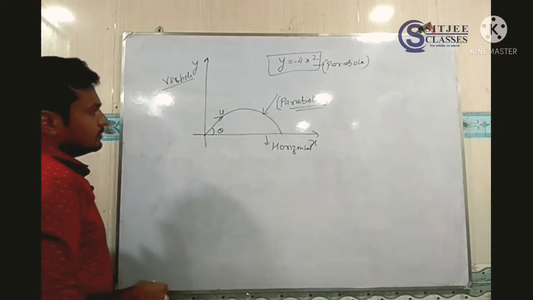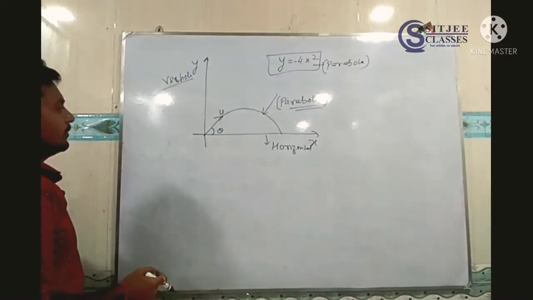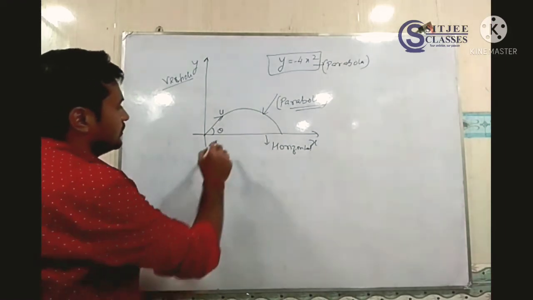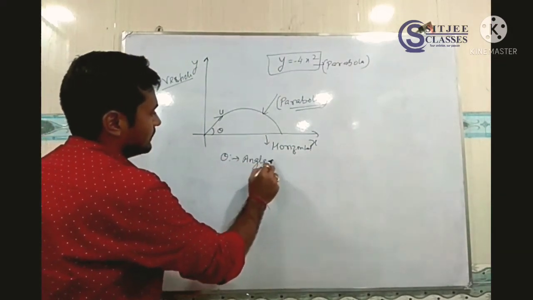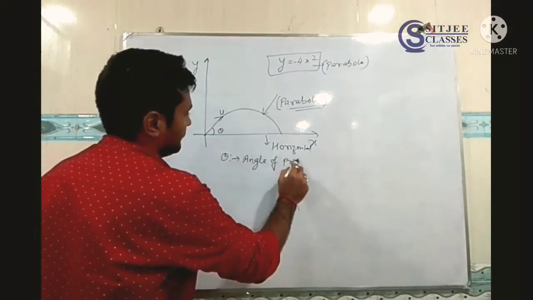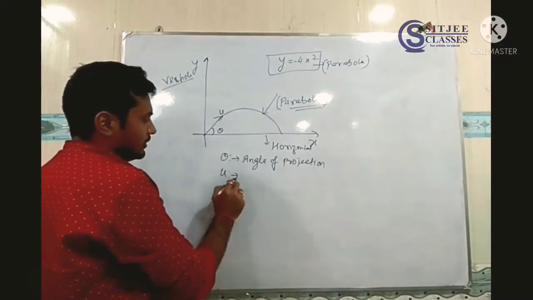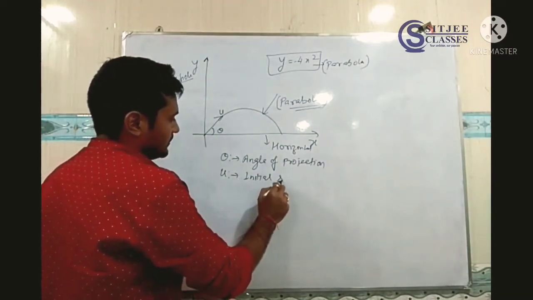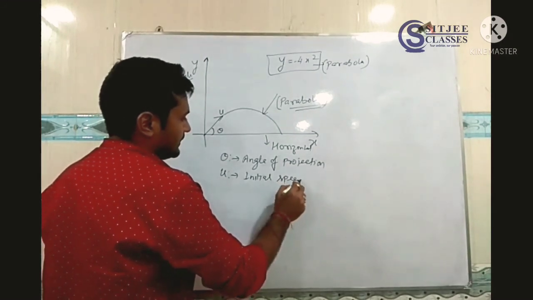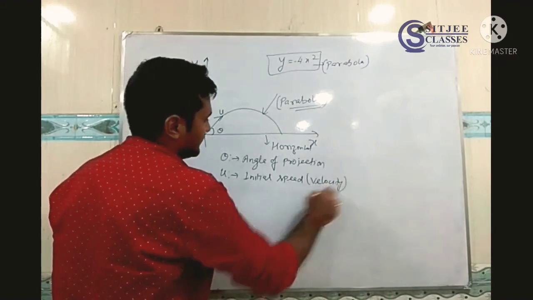Now here we have to know the basic terms, which are most important. This theta is called the angle of projection. What is u? u is the initial speed, or the more accurate word, initial velocity.